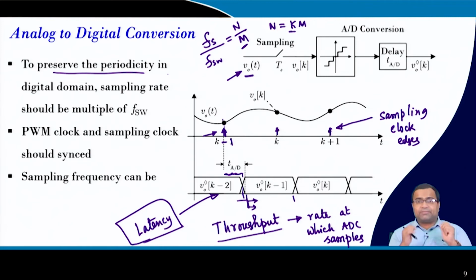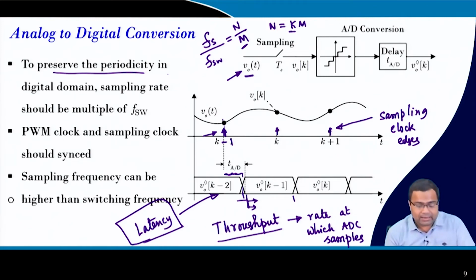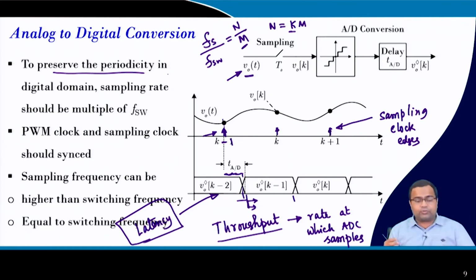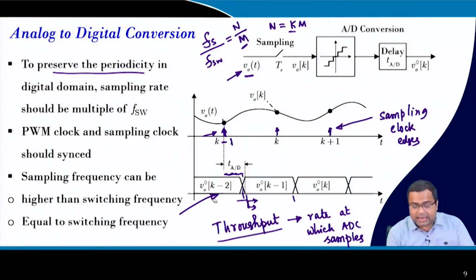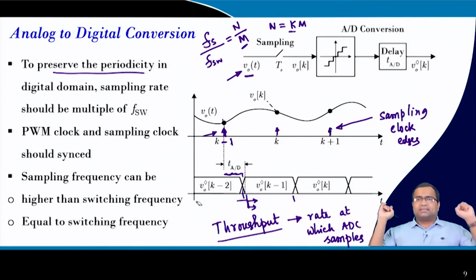And third, the sampling frequency can be an integral multiple of the switching frequency, it can be higher, but we should not generally take a lower sampling rate. In fact, that may be possible if the converter is running perfectly under steady state.